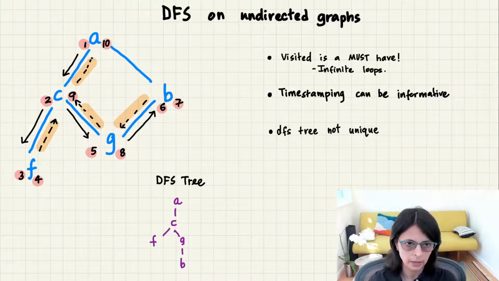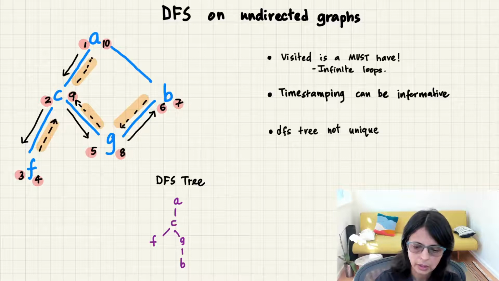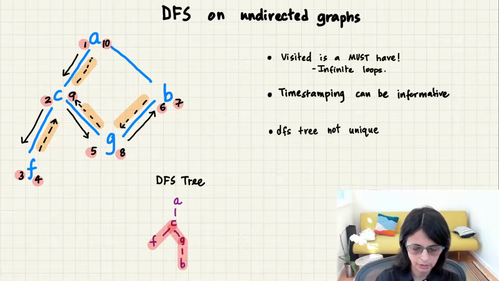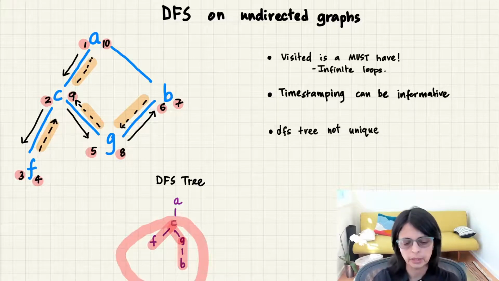Let's look at C. So C has start time of 2, finish time of 9. And if you look at the DFS tree here, let me highlight the C part. This is the DFS tree rooted at C, and this subtree has 4 nodes in it.